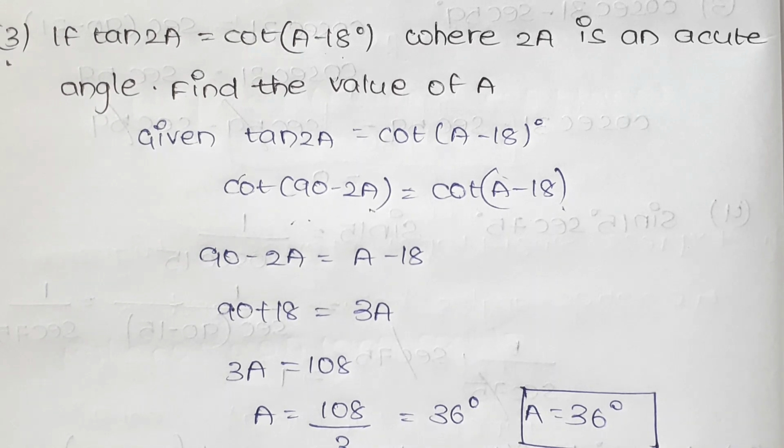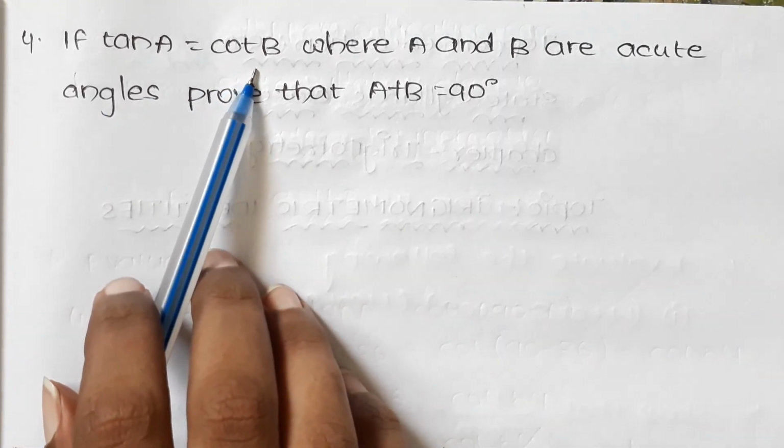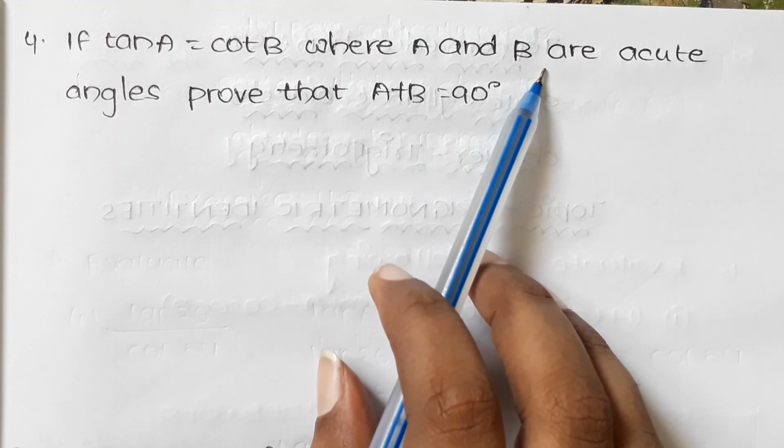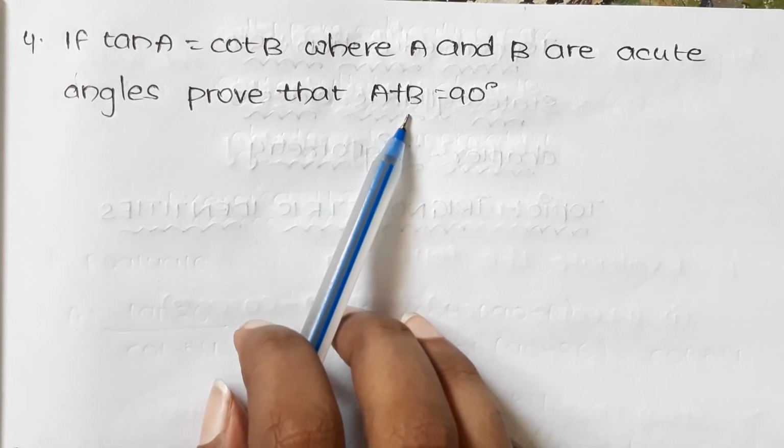And now let us solve the fourth problem. Here, if tan A is equal to cot B, where A and B are acute angles, prove that A plus B is equal to 90 degrees.